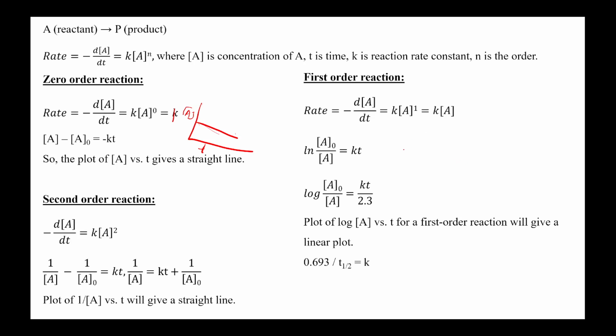Now, if you see for the first order reaction, you will find N will be 1 and your rate will be K multiplied by the concentration of A. If you rearrange it and then integrate it, you will find log of initial concentration by final concentration is equal to Kt.